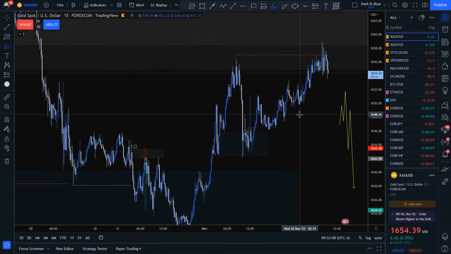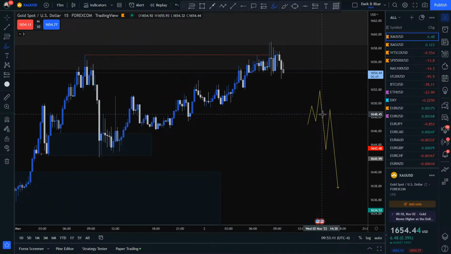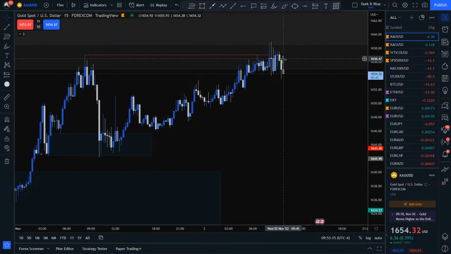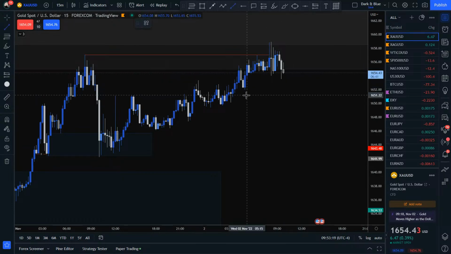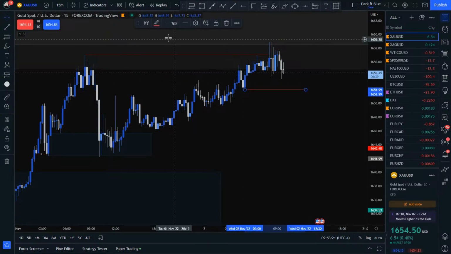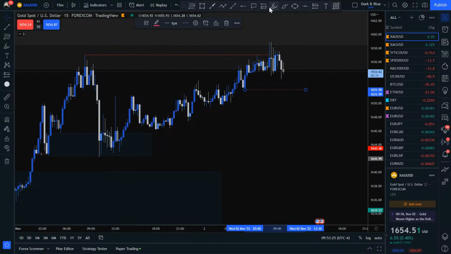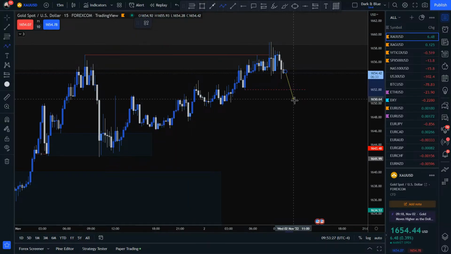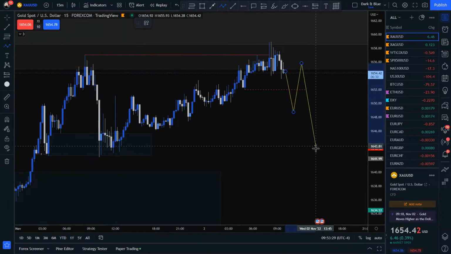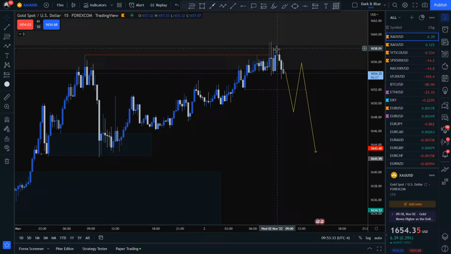So look for the 15-minute break here and a pullback. And I think that would be a great area to look for a high probability trade. As soon as it breaks this low, mark off your supply.